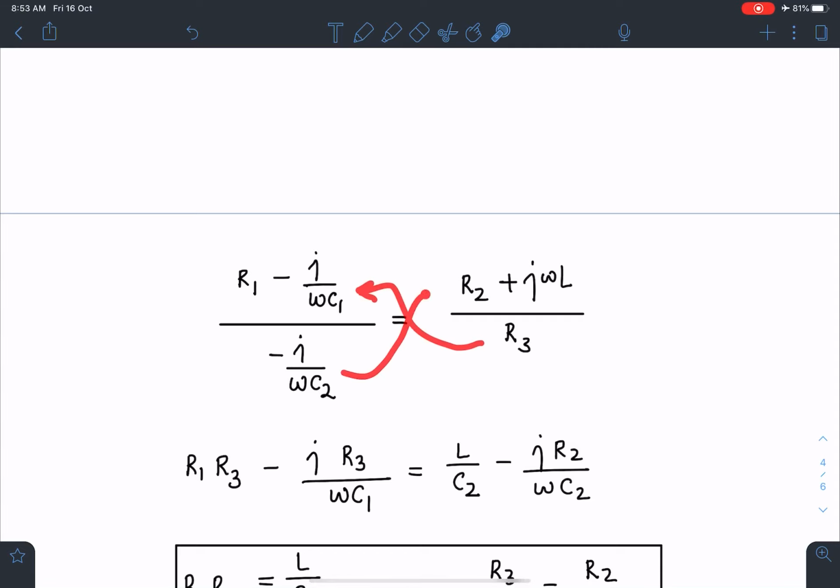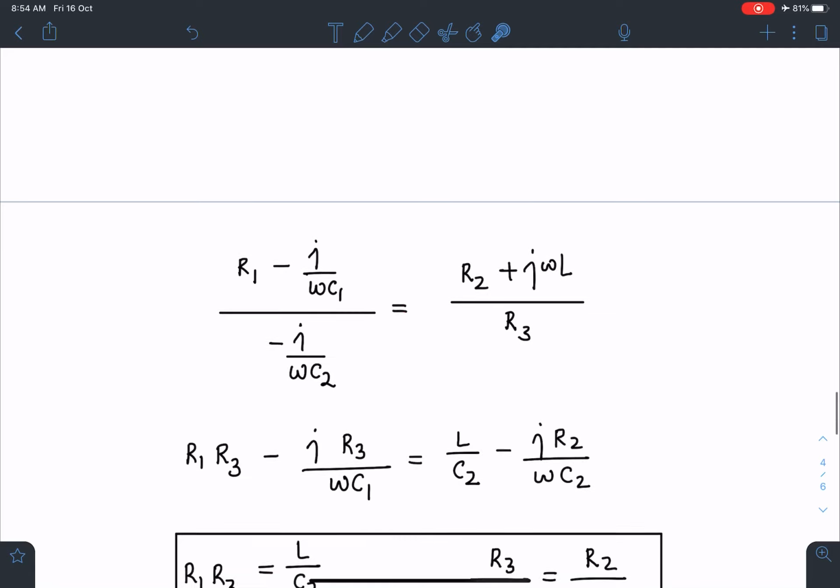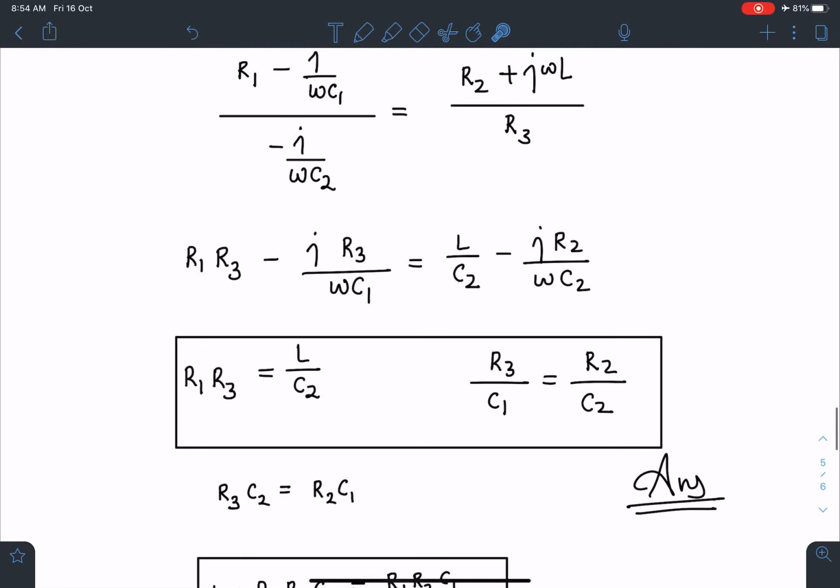Now, if you multiply these and separate the real and imaginary parts, then you are going to get R1 R3 is equal to L by C2, and from here I am going to get R3 by C1 is equal to R2 by C2.